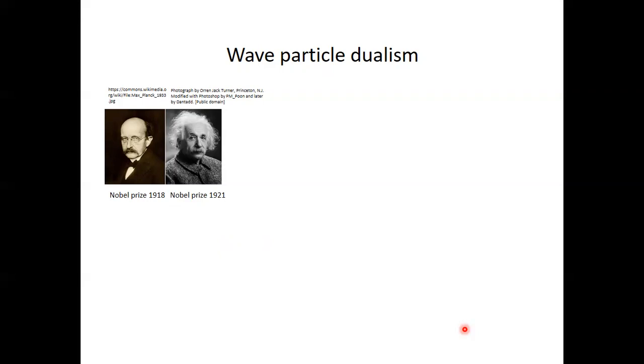Okay. So now, therefore, we need to look more closely as to why an electron has not only particle properties, but also wave properties. So the wave-particle dualism is actually universal. It doesn't only hold for electrons, it holds for all particles.